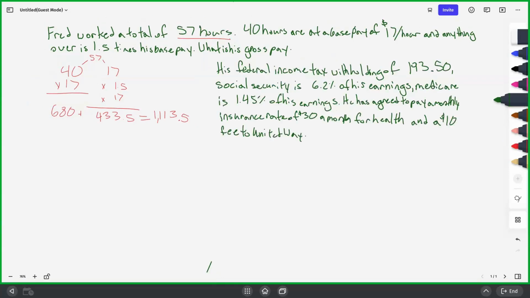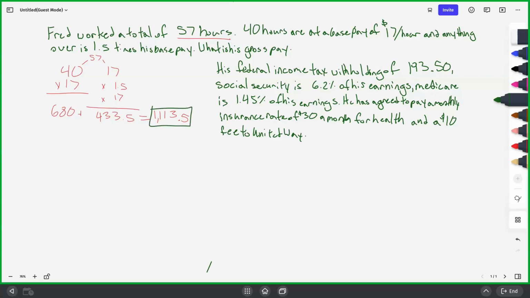All right. Social Security part, we do the total times 0.062. I have a question. Whenever you're doing the percentage-based ones, what do you multiply by those percentages? You multiply the total amount.